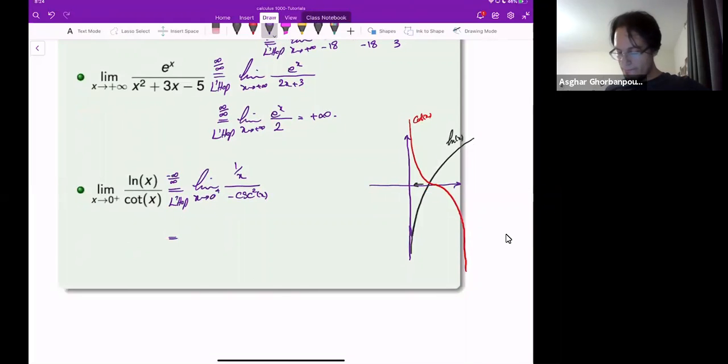Now, for a second, you better stop here and see that the denominator is minus cosecant squared, and cosecant squared is 1 over sine squared. In other words, I'm dealing with this function.